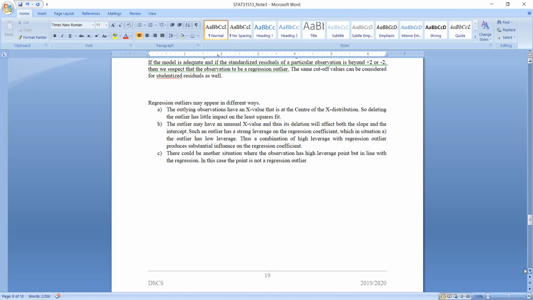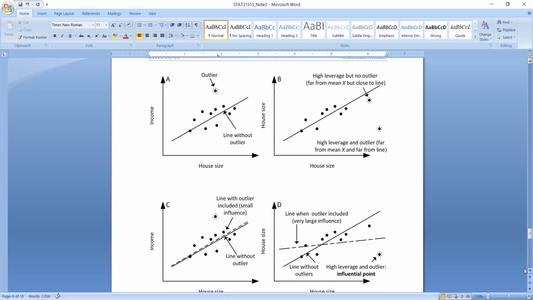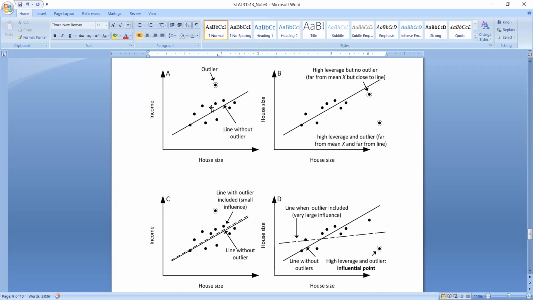And here, if you look at these plots, these first two plots, you can see here you have an outlier. So here we have fitted a regression line without this outlier.